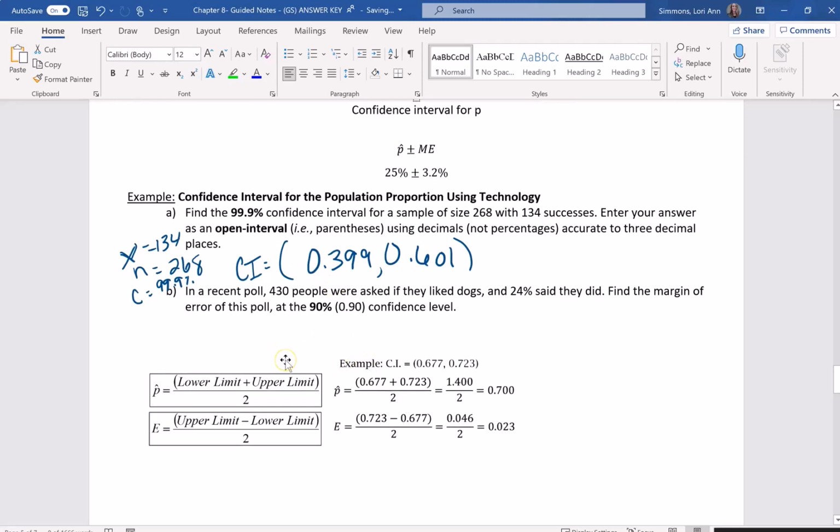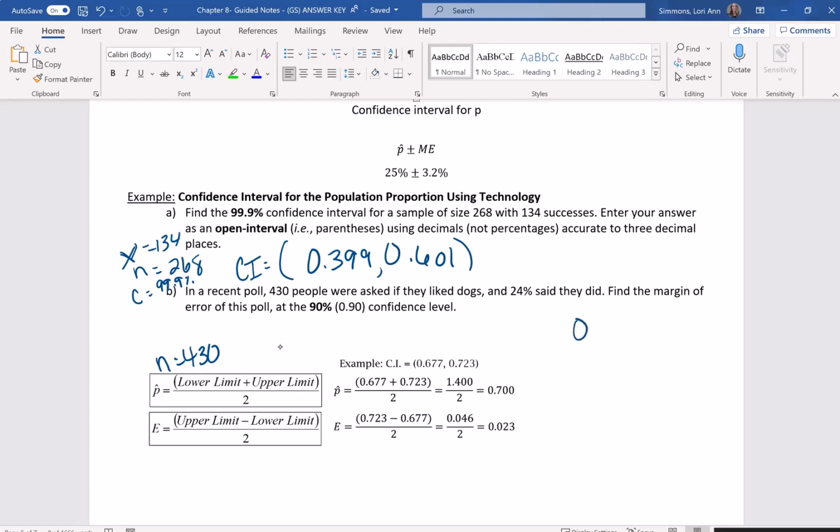In a recent poll, 430 people were asked if they like dogs. So right away, that's your total sample. 24% said they did. Find the margin of error of this poll, 90% confidence level. Okay, we have N equal to 430, 24% they did.